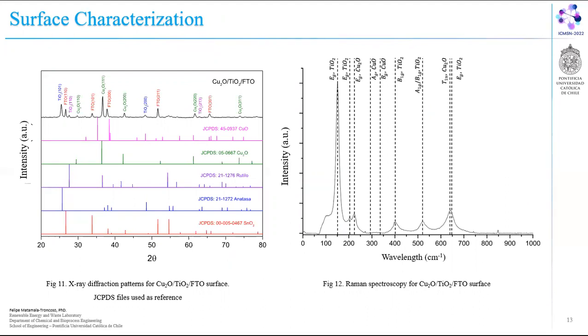This information is corroborated by Raman spectroscopy, where again the presence of cupric oxide is not observed in this area where the characteristic signal of cupric oxide was observed.